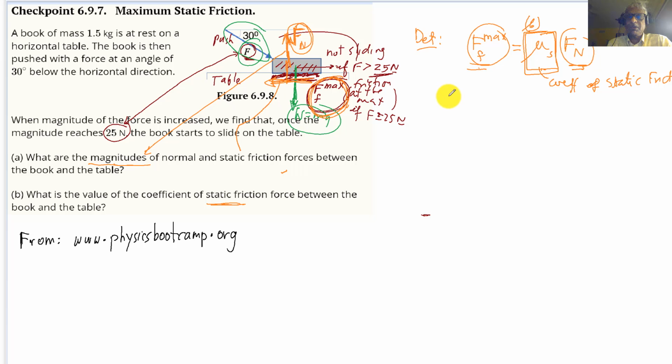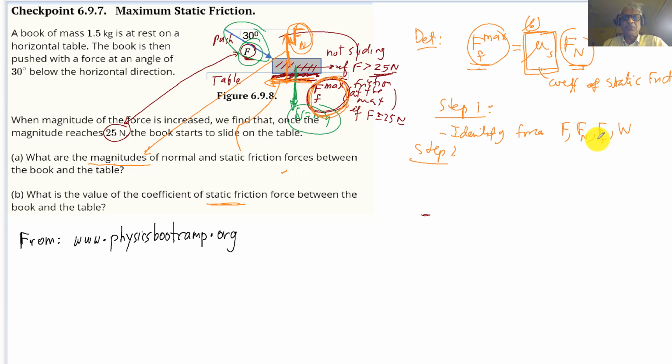So step 1, which we have already gone through, is to identify all the forces. Step 2 in these problems: we've done that, there's a force F, there's a normal force, there's friction, and then there's a weight.